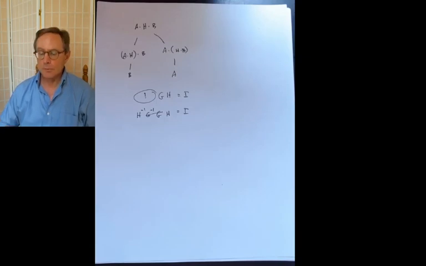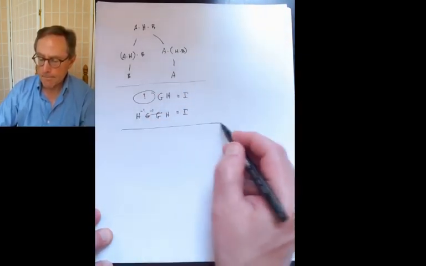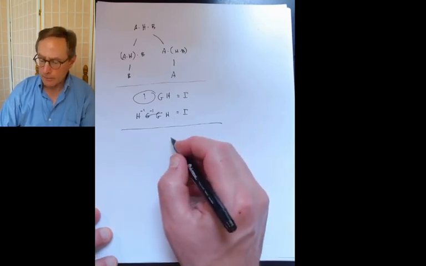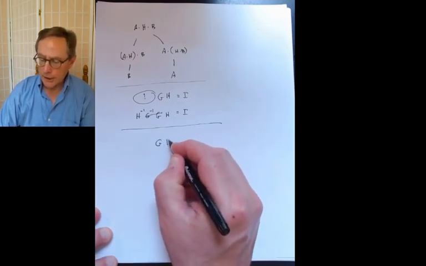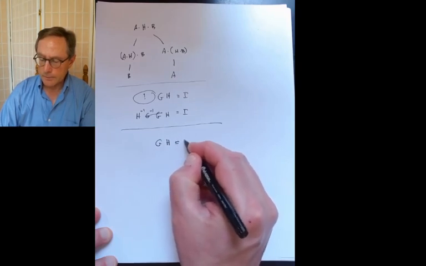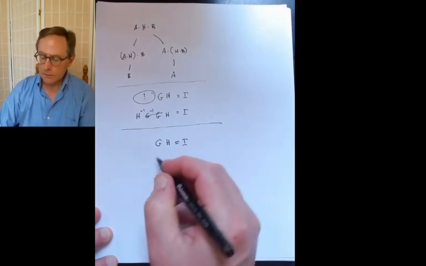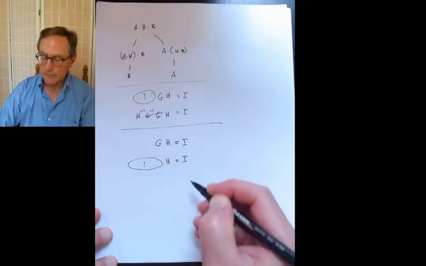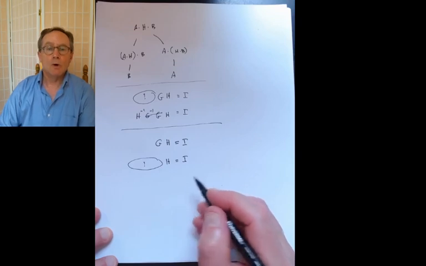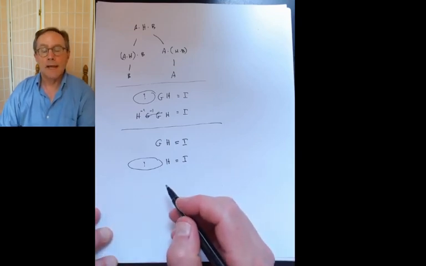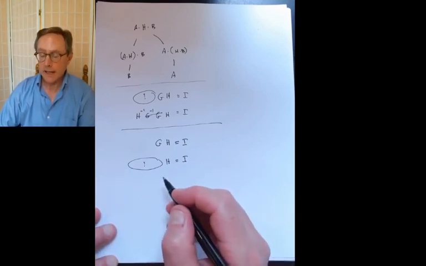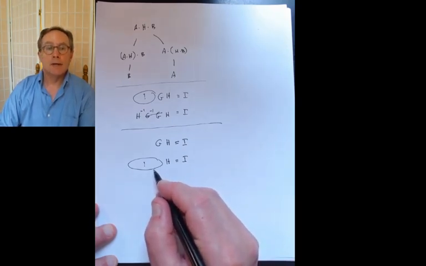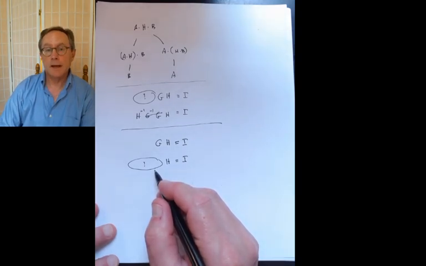Again, I'm not going to go through the proof, but the proof has a simple idea to it once you think about stuff we've done before. So we want to find G so that GH equals the identity. So what is it that multiplies H to give the identity? Well, we saw when we were doing the mechanics of matrix multiplication that there are matrices that do the Gauss's method steps.